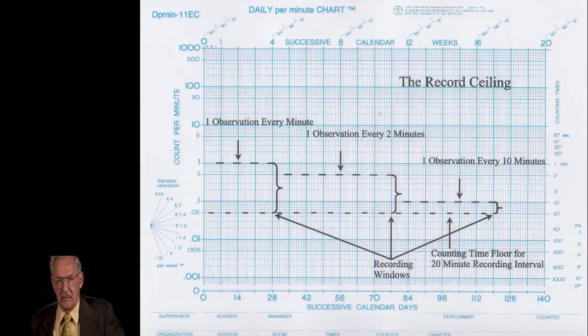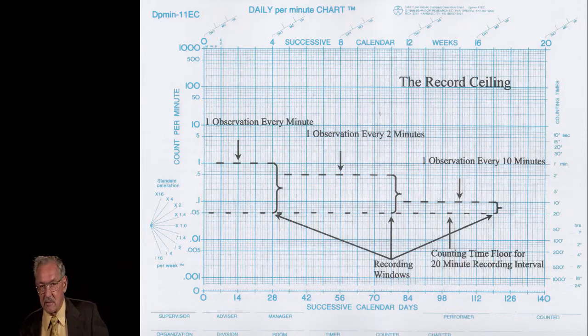Now there's another kind of limit on behavior frequencies on this chart, and that's called the recording ceiling. Recording ceilings are imposed by recording practices or recording procedures that set arbitrary limits on the frequencies that we can observe. For example, if we have a recording procedure in which we look to see if the behavior occurs every 30 seconds, in other words, as a 30-second interval goes by, we look and see, did it happen?